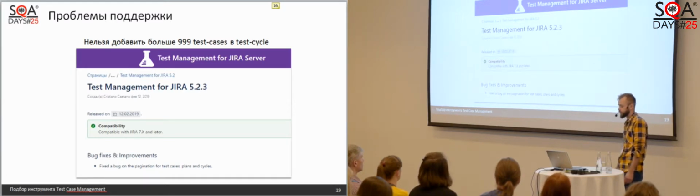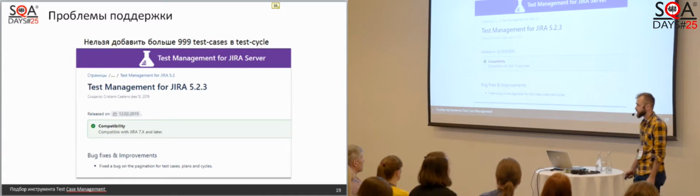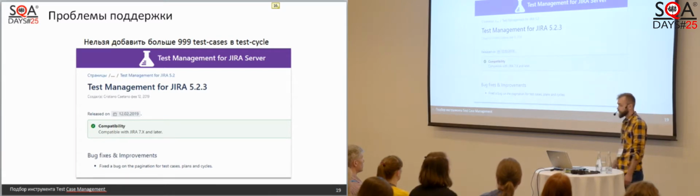Since we viewed it in an environment where computational powers were limited, when we put it in production, we ran into bugs of this plugin. It was impossible to add more than 999 tests in one run.